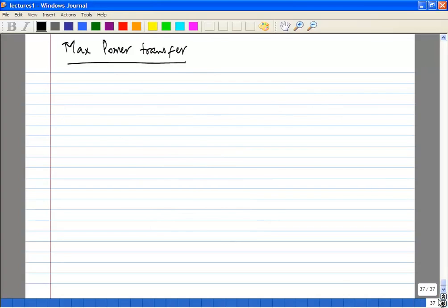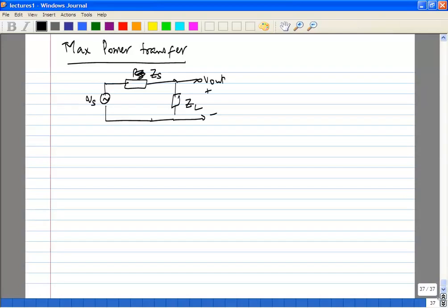Okay, so you people remember what the maximum power transfer theorem is, right? Actually, let's call this ZS. So ZS is RS plus jXS.